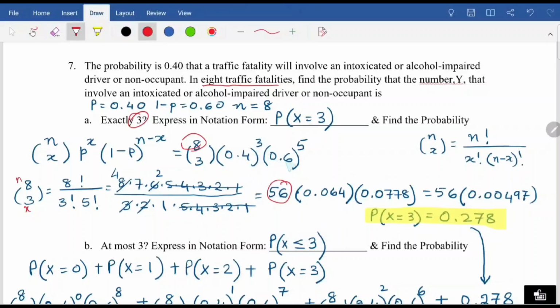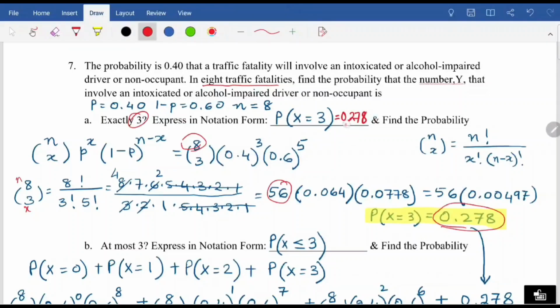And then 0.4 cube is 0.064, 0.6 to the 5th is 0.0778. Multiply them out and we get a probability value of 0.278, right? So probability of x equals 3 is equal to 0.278.